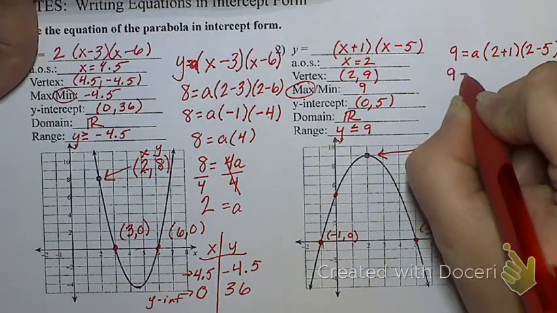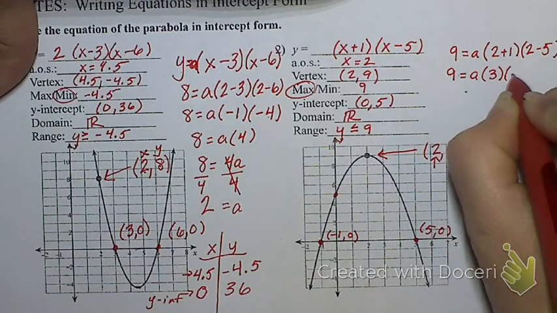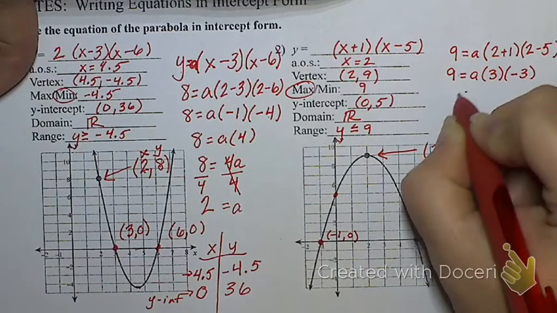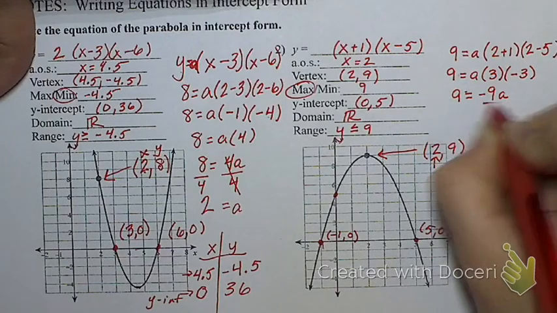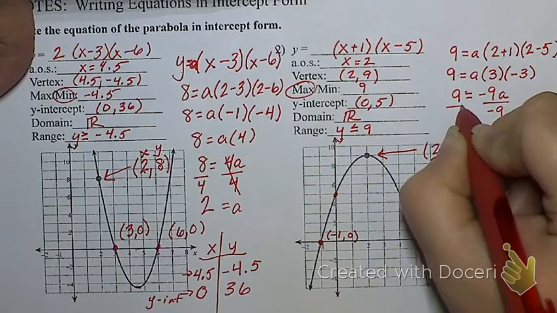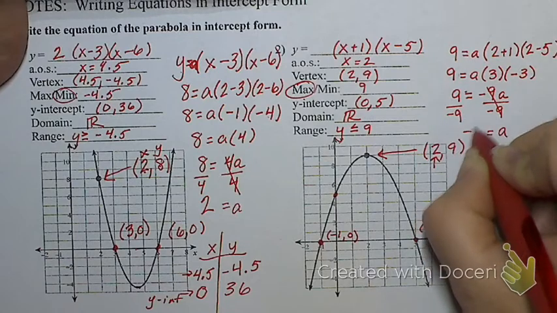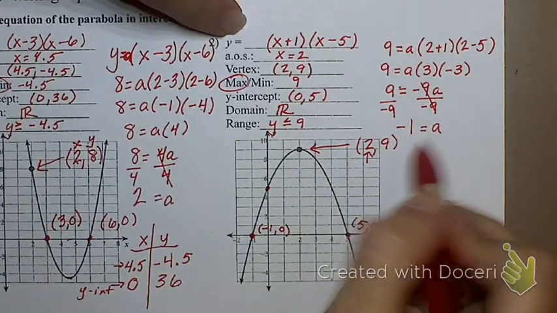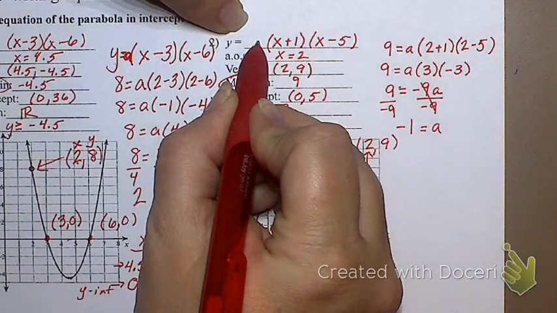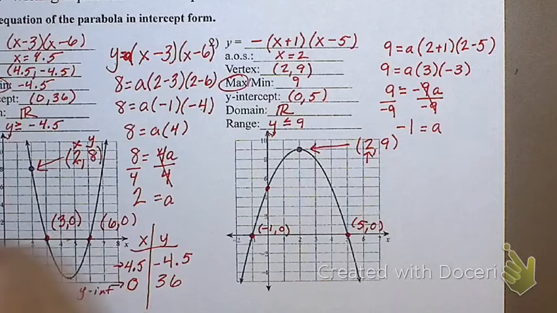So that means 9 equals a times 3 times negative 3. So 9 equals negative 9a. And what does a equal? A equals negative 1, or if I want to look super smart, I can just write the negative because we don't need to write a 1.